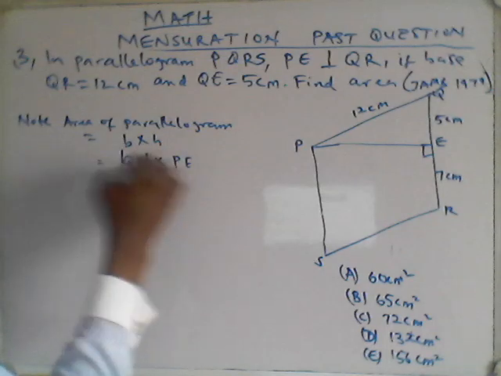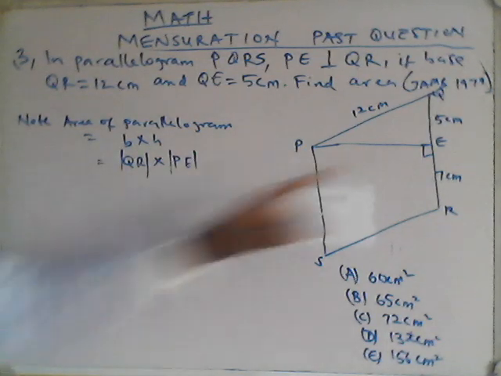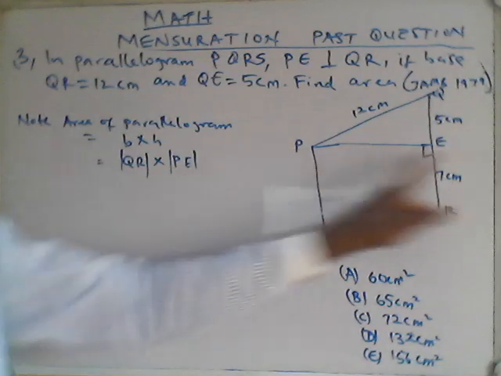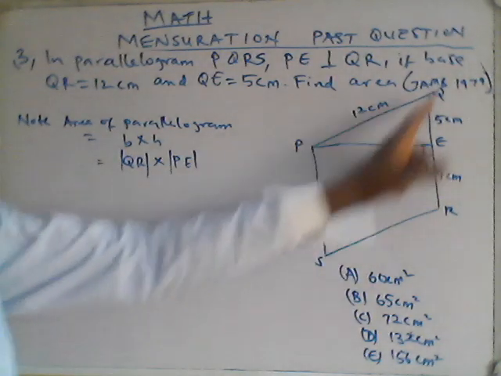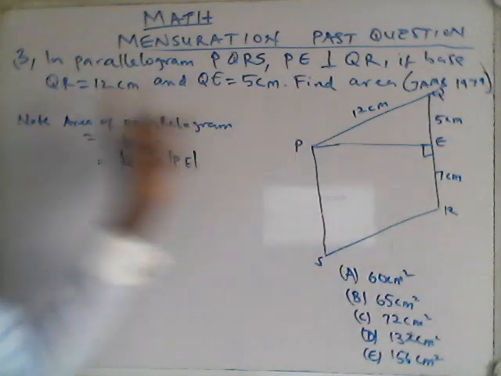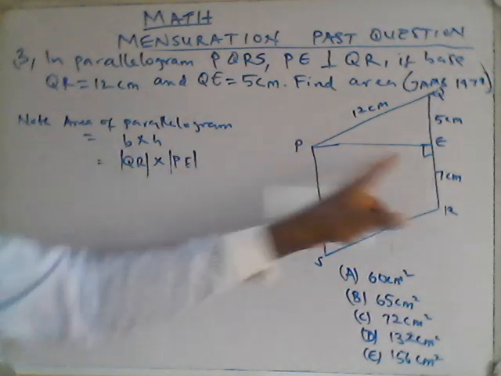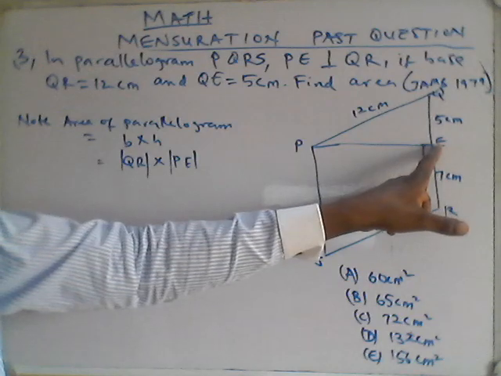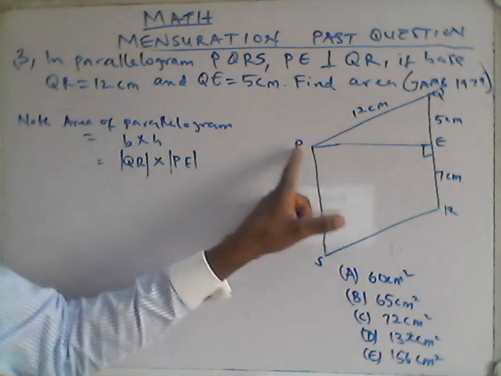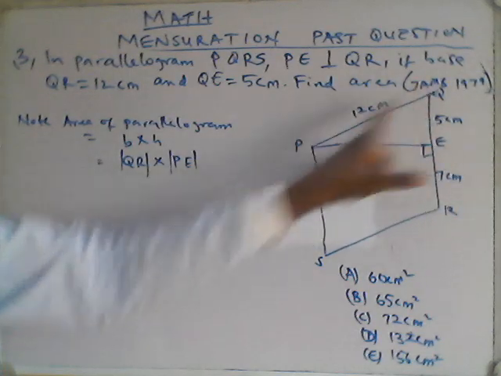Okay, so this is a line, this is a line. So QR is this, that's the base, and PE is this one. All right, so we have QR. QR is a summation of 5 and 7, which is 12. It's already given as 12, so we know that. But this is given to us so that we can define PE. You know, PQE forms a right-angled triangle.